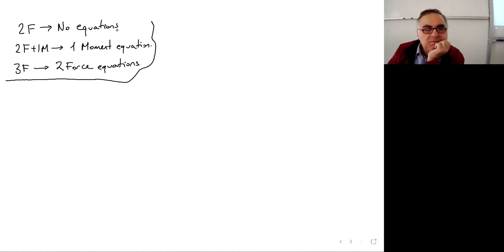Okay, let me start, since we have started with a slider crank, our next mechanism is the 4-bar, as you know. Let me solve a 4-bar.